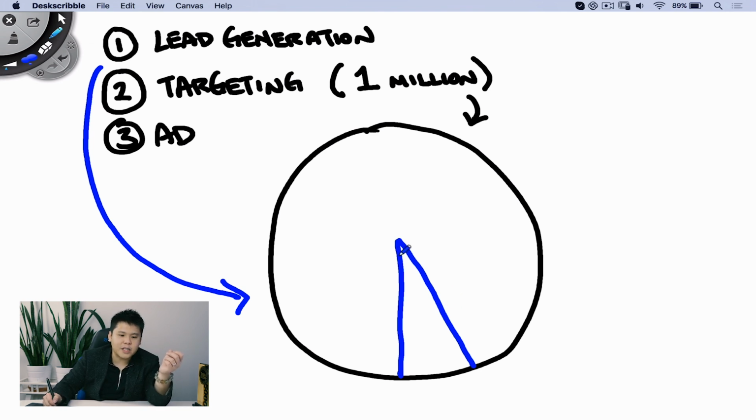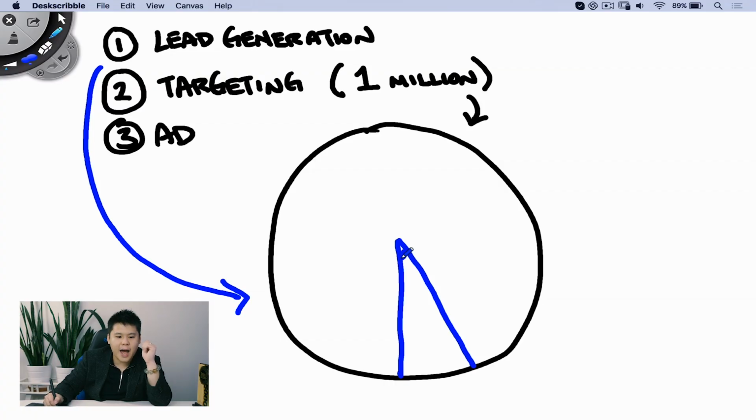So Facebook is not going to go after that entire 1 million audience. They're going to go after what we call discounting. Based on their learning machine algorithm and the activities of every single user within this 1 million, they will go after who will most likely submit their information to turn into your lead.